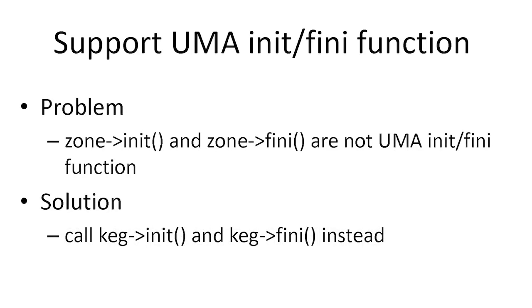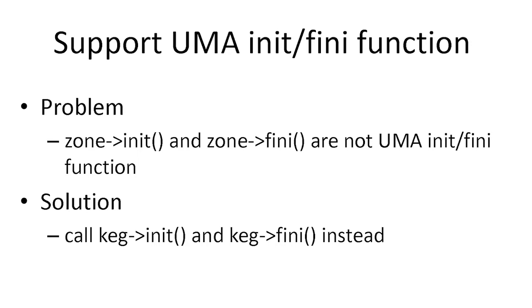So next, I will talk about the enhancements I worked on in MemGuard. The first thing I found in UMA is that the current implementation of MemGuard calls zone init and zone fini when you allocate and free the memory, but the zone init and zone fini are not the UMA init and fini functions, because under the hood there is a keg system, which is the backend for the zone.